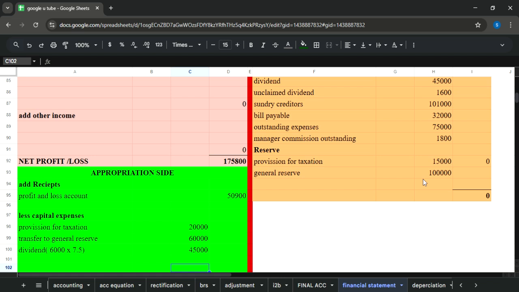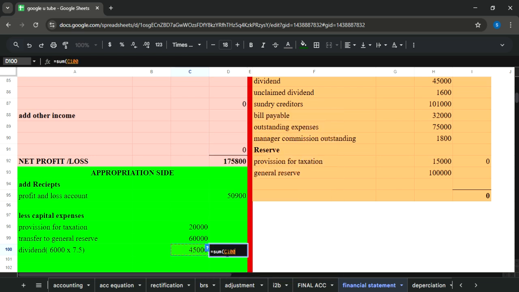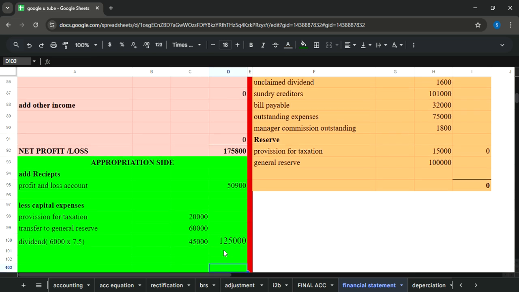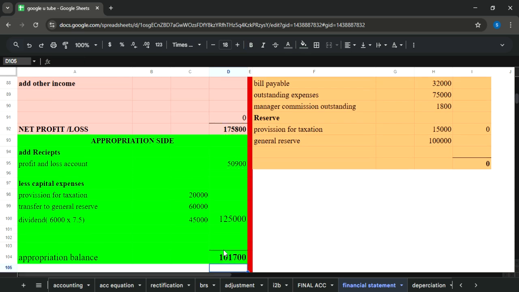Okay, now we are at appropriation side. Expenses are ready, no adjustment is present. Let's take sum of all appropriation expenses, and that's what we have got. Let's calculate appropriation balance. For this, net profit, add previous year profit 50,900 and subtract all appropriation expenses.